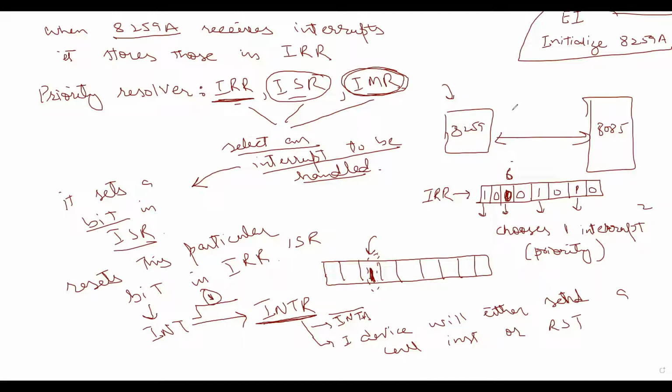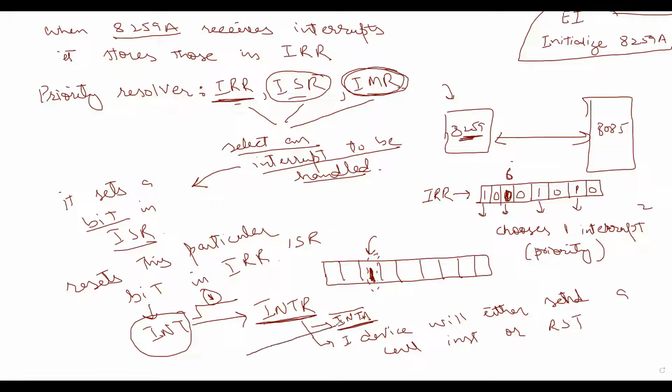It has received the interrupts from other devices, but 8085 is receiving the interrupt from this particular device, 8259A. So for 8085, this is the interrupting device. So when this programmable controller sends the INT signal, it goes to 8085 through INTR, and then 8085 sends the INTA signal.